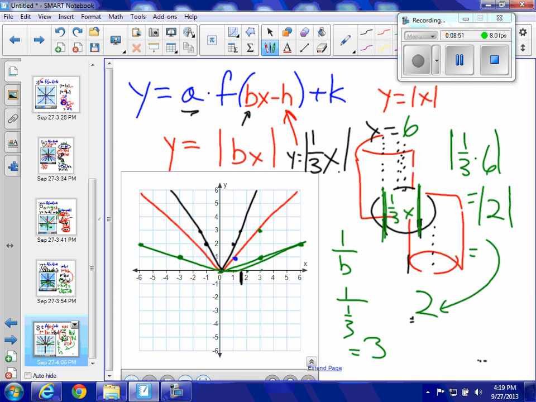In the parent function, I had 1, 1. Now, if I have 1/3 x, my y will stay the same, 1, but my x has to be 3 times as large. I have horizontally stretched this out by a factor of 3. So the b does horizontal stretches and compressions by a factor of 1 over b.